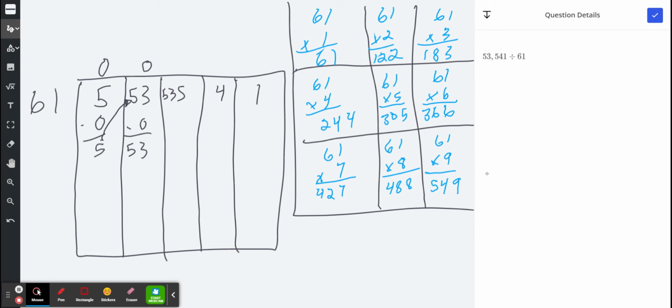We'll go all the way to 549. So you can make 8 complete groups of 61 to get to 488. 61 goes into 535 8 times. Now again, this is why we do the list at the beginning, because now I already know what 61 times 8 is. 61 times 8 is 488.